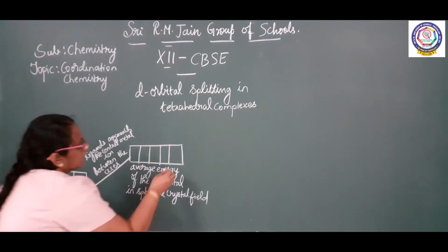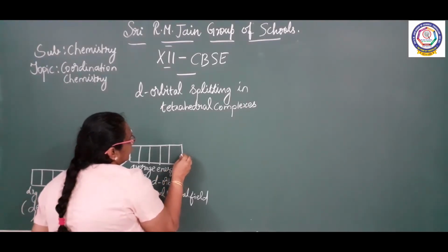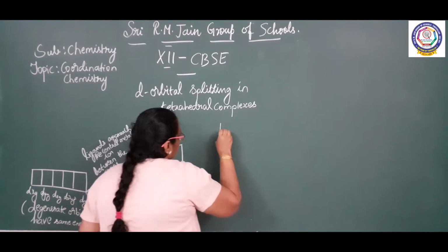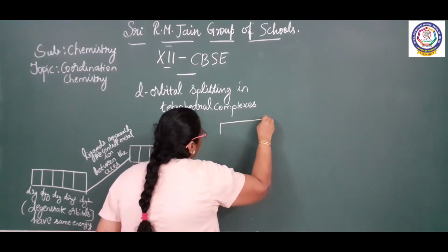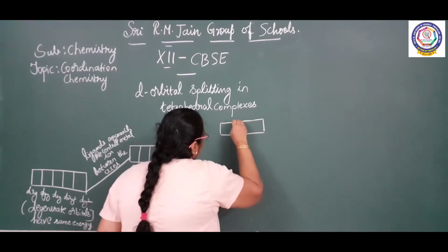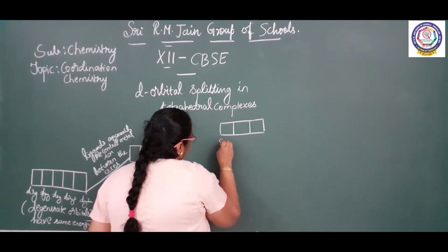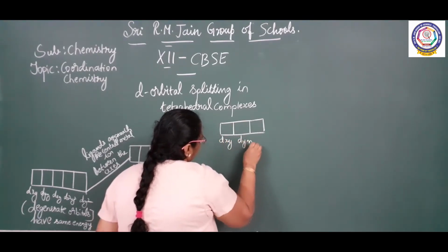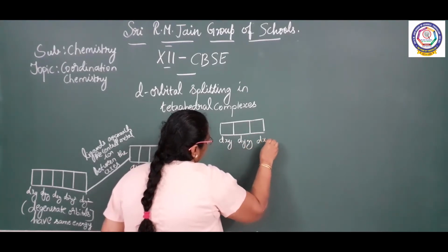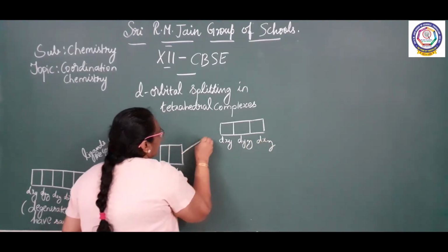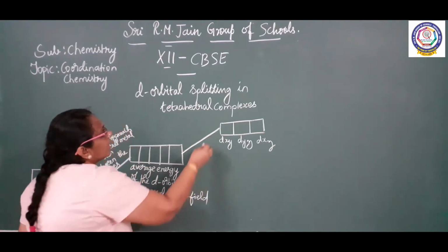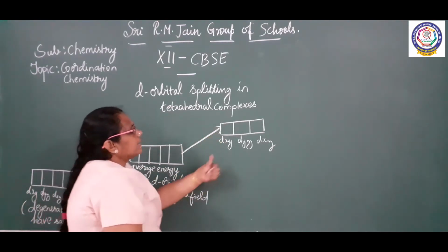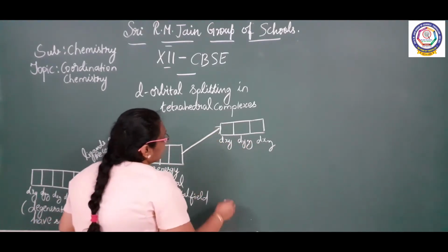So how do the d orbitals split? It will be splitting like this. You will be having 3 d orbitals, that is dxy, dyz and dxz. They will be rising towards the higher energy level.